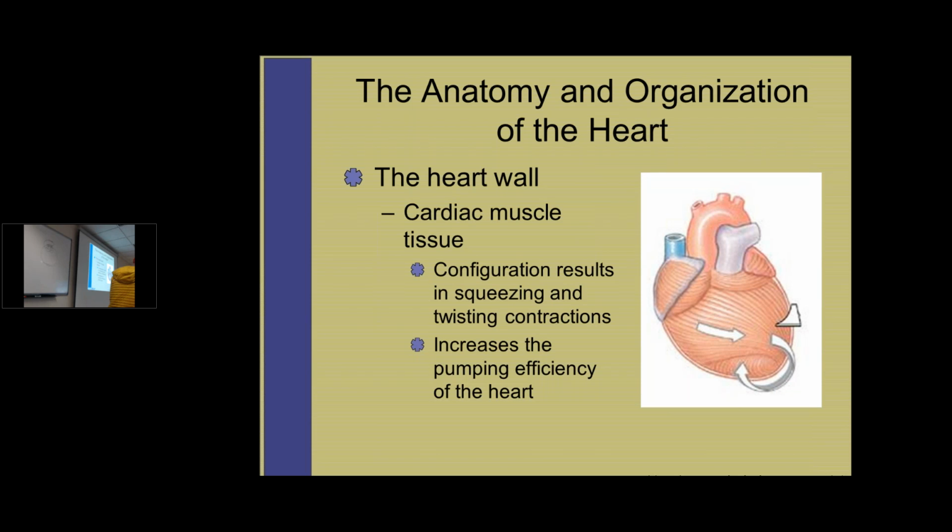The atrium is just that circular because all it's doing is kind of condensing that space, pushing blood down into the ventricle, but it doesn't have to be a super hard squeeze. It's already following gravity for the most part. But the spiral motion of the ventricles is really cool in that it kind of wrings the heart, almost like when you're wringing a towel to get the most fluid out of that towel. That heart is kind of twisting in its contraction to be able to squeeze the most blood out of that chamber.